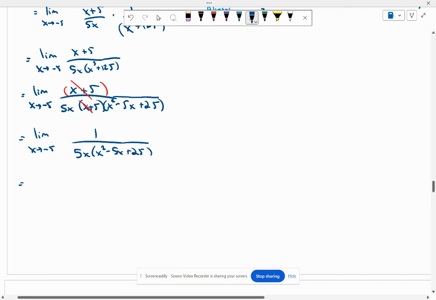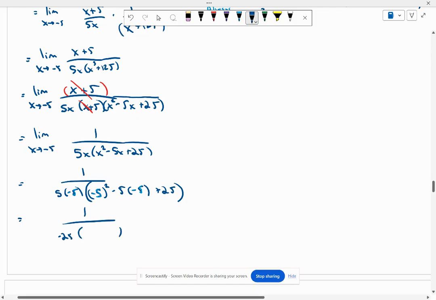So if I plug in -5, I'm going to get 1 over 5 times -5 times -5 squared minus 5 times -5 plus 25. This is me just plugging -5 in for x. So that's going to give me 1 over 5 times -5 is -25.